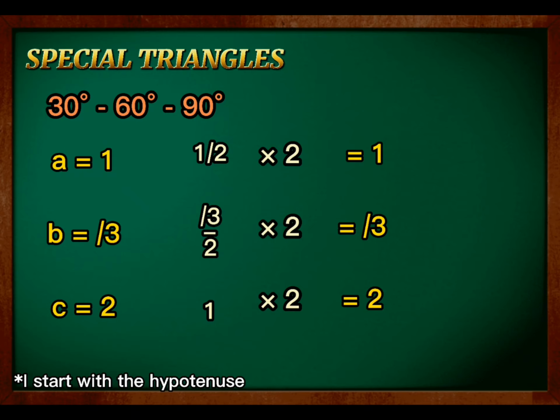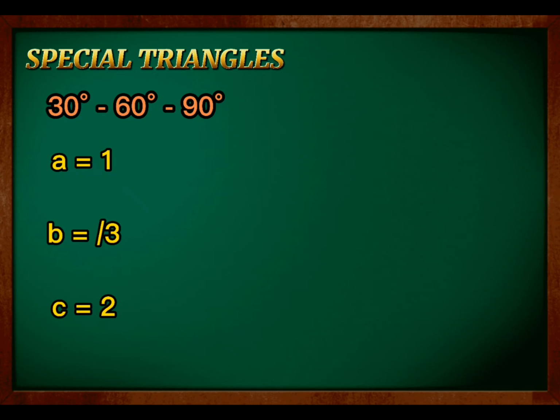So if we're only given a measurement of one side, for example, the hypotenuse is 6, to get the other two sides, we determine the relationship of 6 and the original measurement of 2. So we divide 6 by 2, and that's 3.